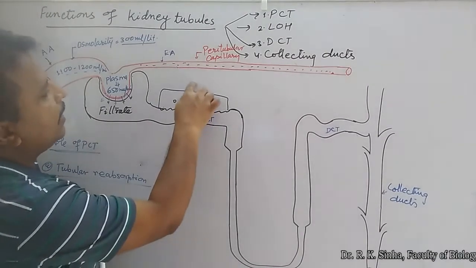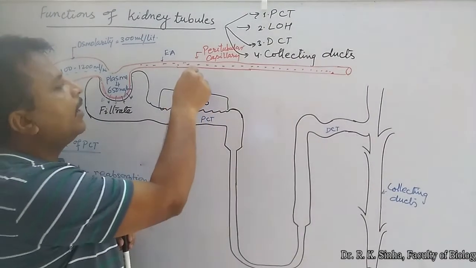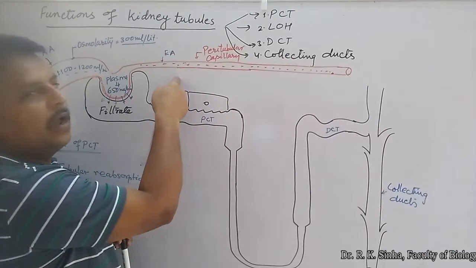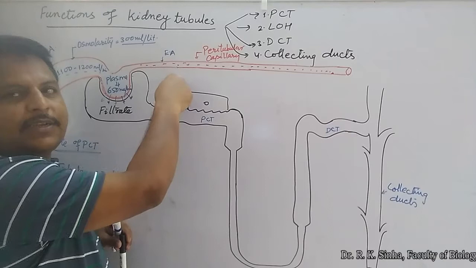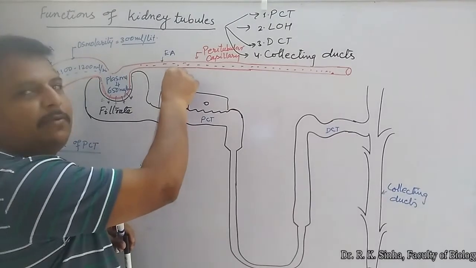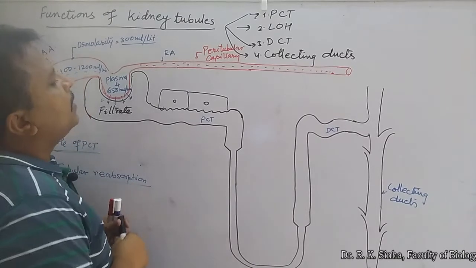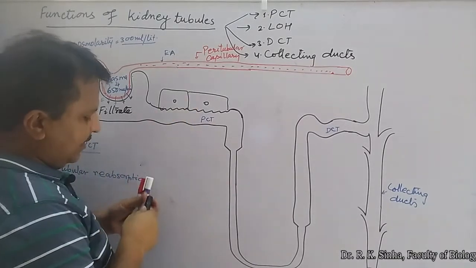See, this is the interstitium or tissue fluid, meaning the space between the tissues is known as interstitial space, and the fluid present is tissue fluid or interstitial fluid. There is a low concentration here.